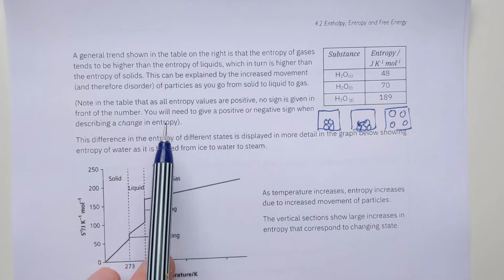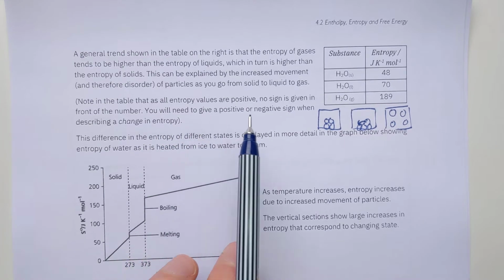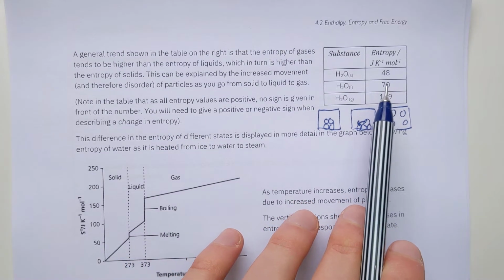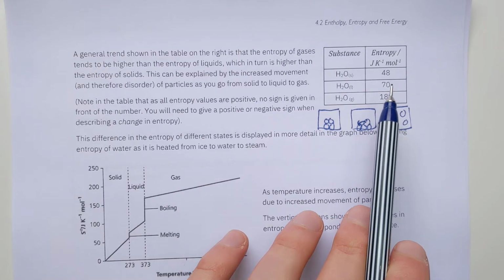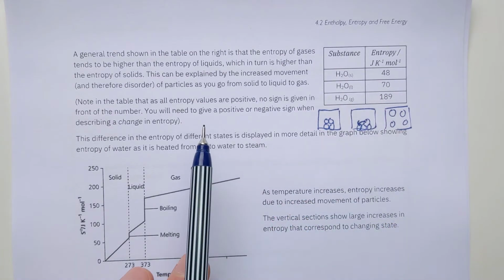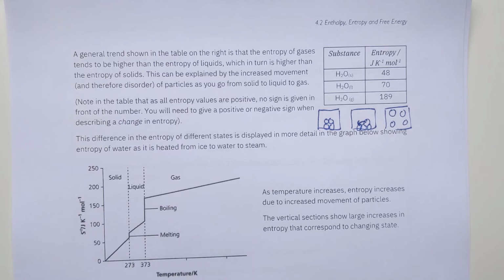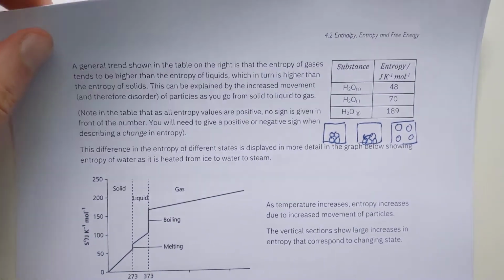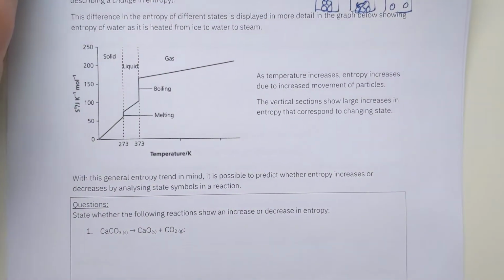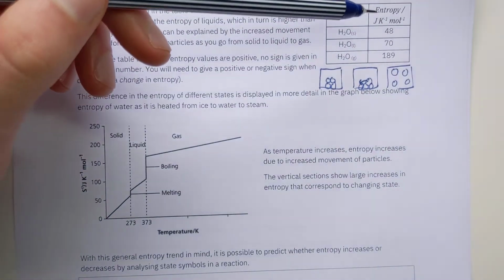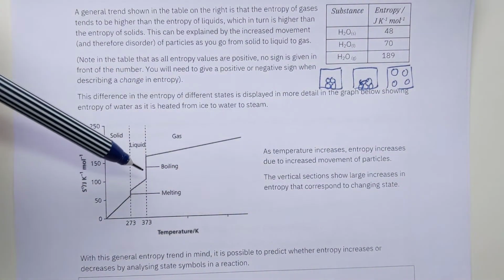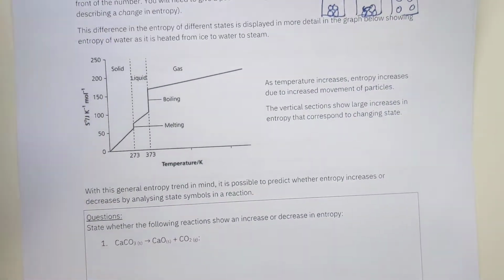One thing to note, as we've mentioned before, is that they're all positive values, so we don't actually need any plus or minus signs in these entropy tables, though we will when we're describing changes in entropy, as we'll see in a second. Just building on that a wee bit, rather than just a table, this is the same kind of stuff expressed as a graph.